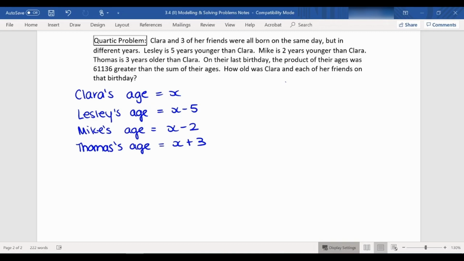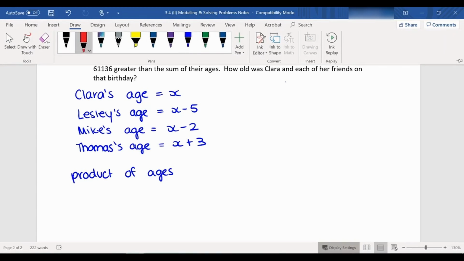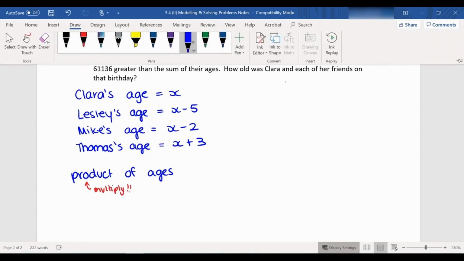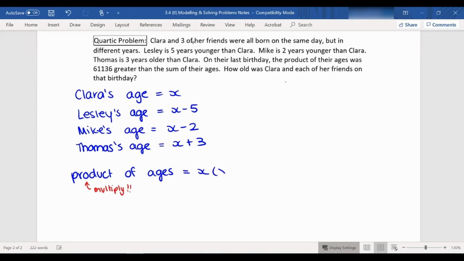So now it's telling us about the product of their ages. So the product of the ages means you are multiplying. So this would be X times X minus 5 times X minus 2 times X plus 3. That would be the product of the ages.